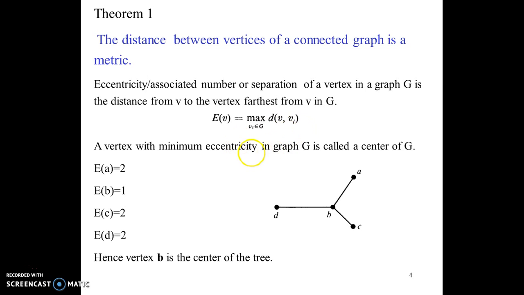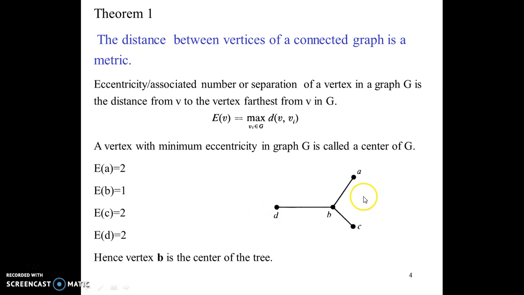Now, let us see the definition for the center of graph G. A vertex which has the minimum eccentricity is called the center of the graph G. Let us find the eccentricity for this graph for all the vertices A, B, C and D. To compute the eccentricity of A, that is E(A), start from A and reach the faraway vertex.